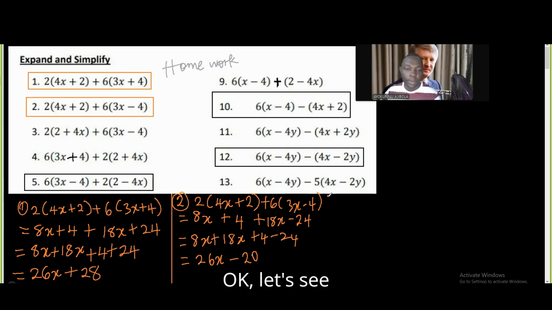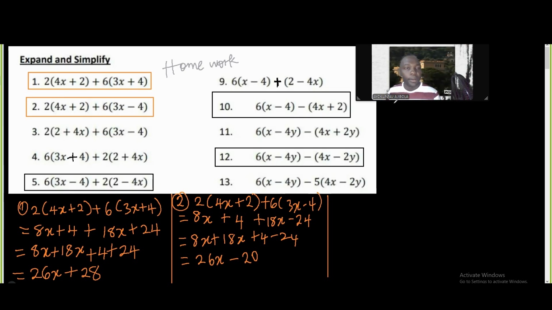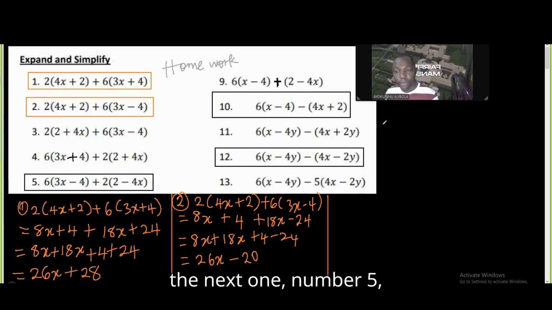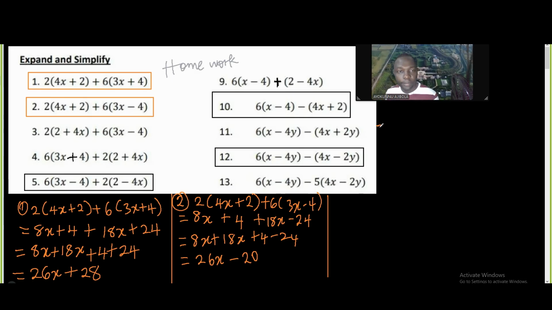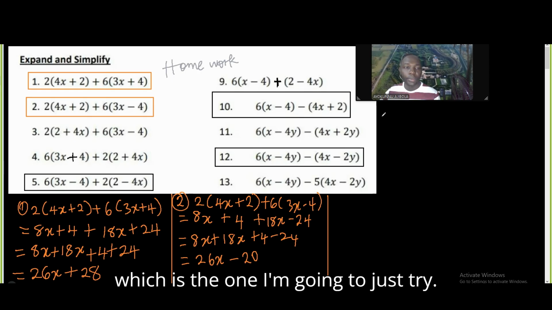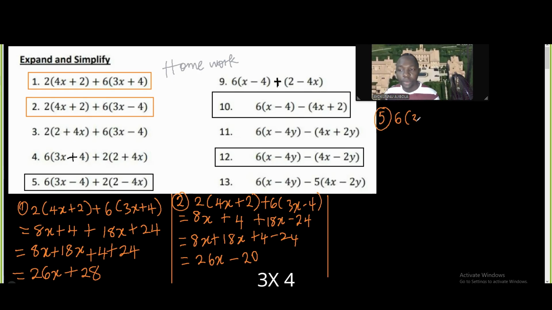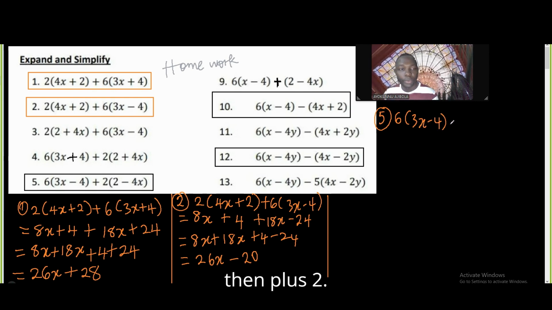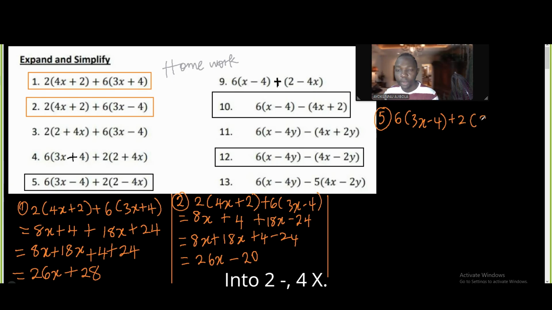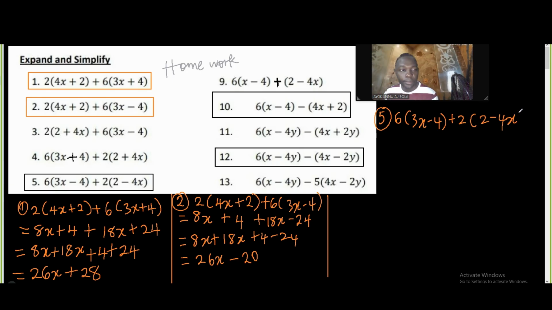Okay, let's see the next one, number 5, which is the one I'm going to just try. So we have 6 into 3x minus 4, then plus 2 into 2 minus 4x.